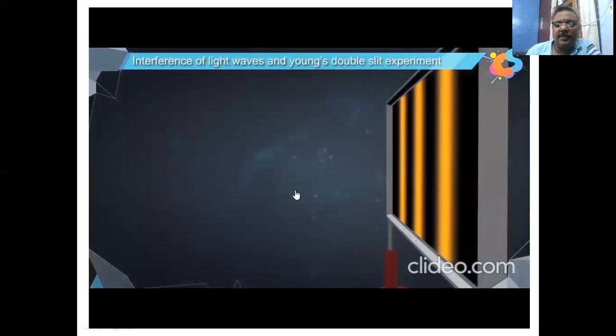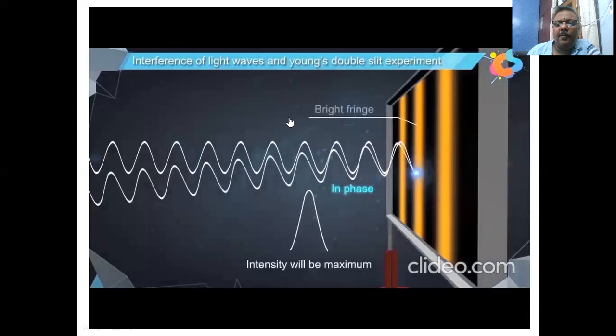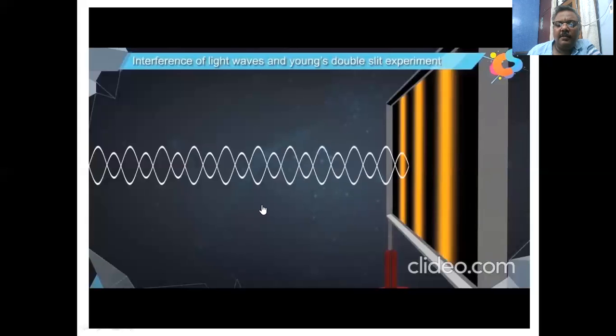So we get a maxima minima pattern here. When two waves are in the same phase, the interference is constructive and the intensity is maximum, thereby producing a bright fringe. And when the waves are in opposite phase, the interference is destructive and the intensity is minimum or zero, and we get a dark fringe.